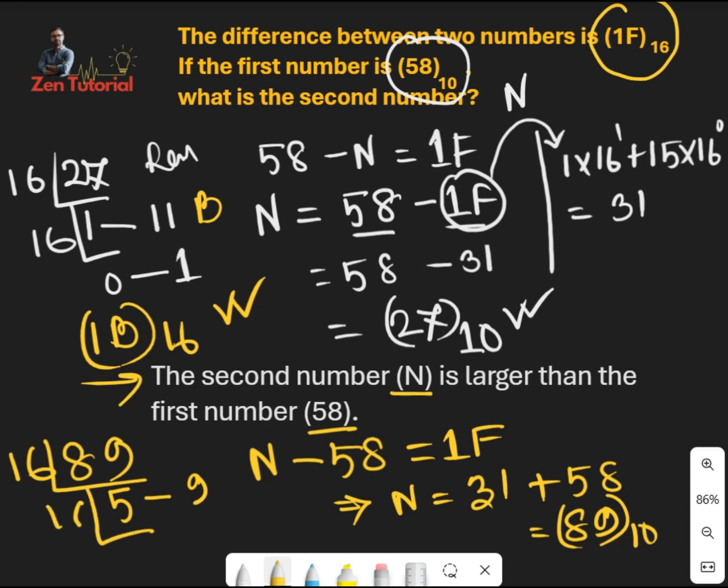Again, divide by 16, it will be 0 and this is 5. So the final result for this condition, when the second number n is larger, indeed the final value will be 59 in hexadecimal.